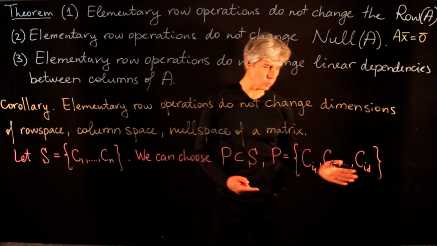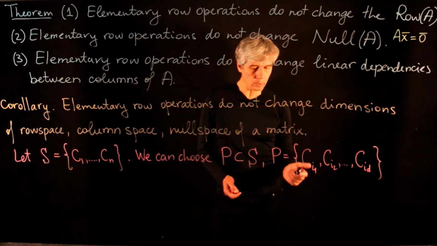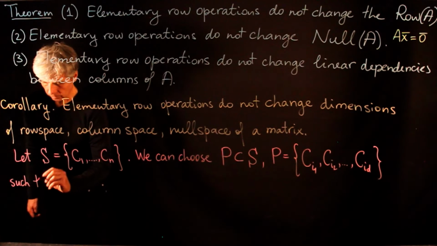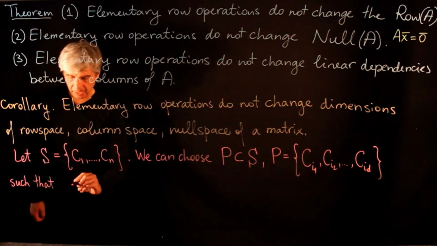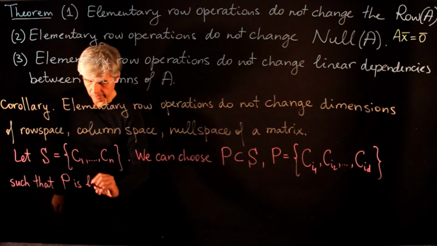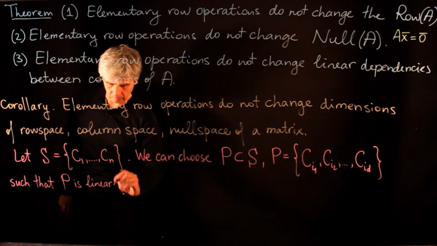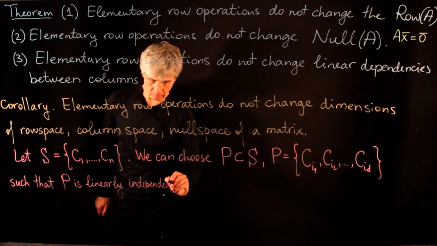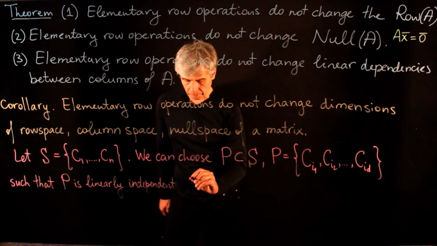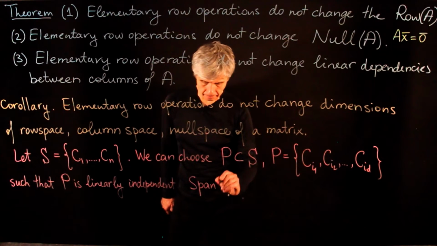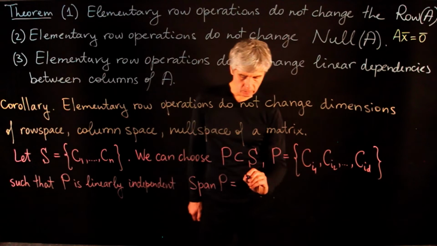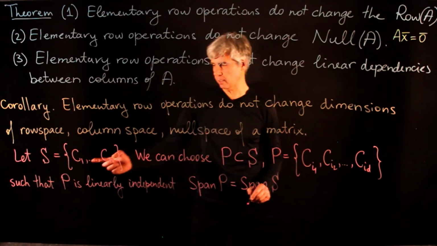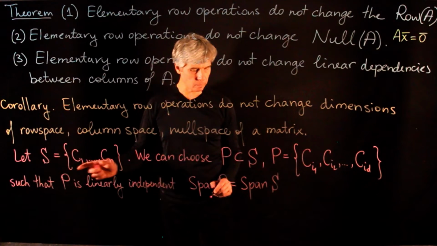So it's a certain subset of the set of columns such that P is linearly independent and the span of P is equal to the span of S, right? So we are choosing here a linearly independent subset with the same span.